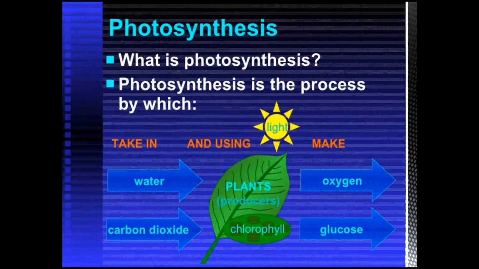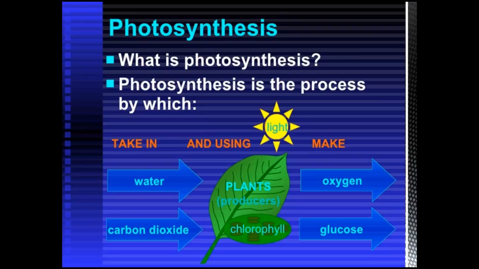Now we have to see photosynthesis. What is photosynthesis? Photo means light, synthesis means to build, that means light to build. Photosynthesis is a process by which autotrophic organisms like green plants, algae and chlorophyll-containing bacteria utilize energy from sunlight to synthesize their own food.